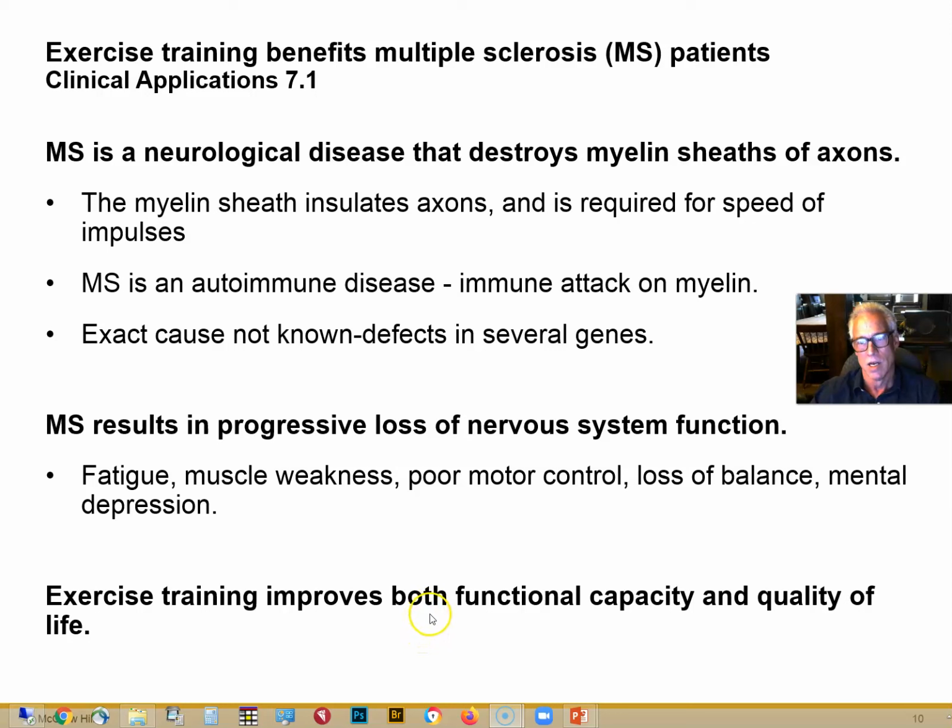So exercise is a wonderful thing to promote, and it's important to have professional practitioners who can work with various populations, in this case special populations that have health issues, to know how to teach them to exercise and what kind of goals to set and what kind of exercises to do to maximize their quality of life in the context of this disease.